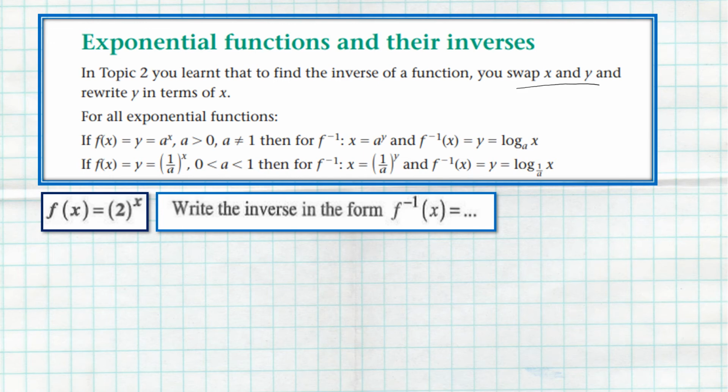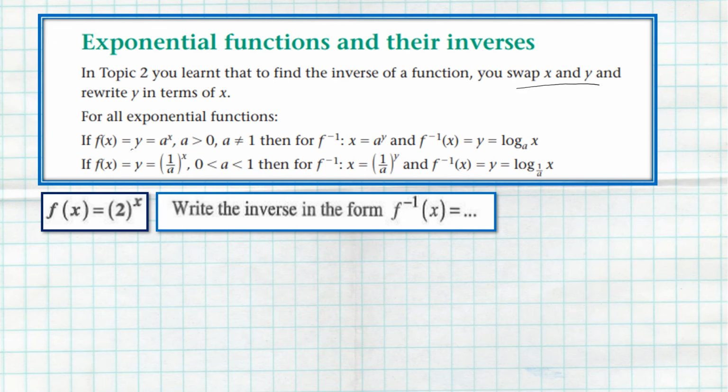So there are 2 ways that we're going to do this. There's a way in which you can memorize, which I don't really prefer, that if you have this exponential function, then its inverse is definitely going to look like this, and it's just shown in this picture here.